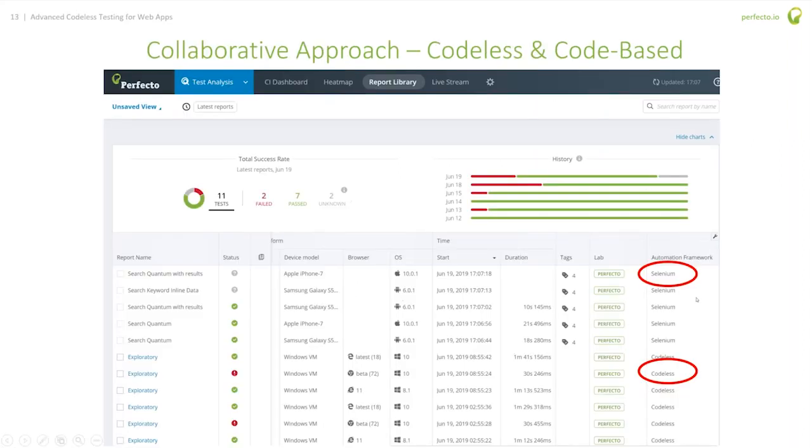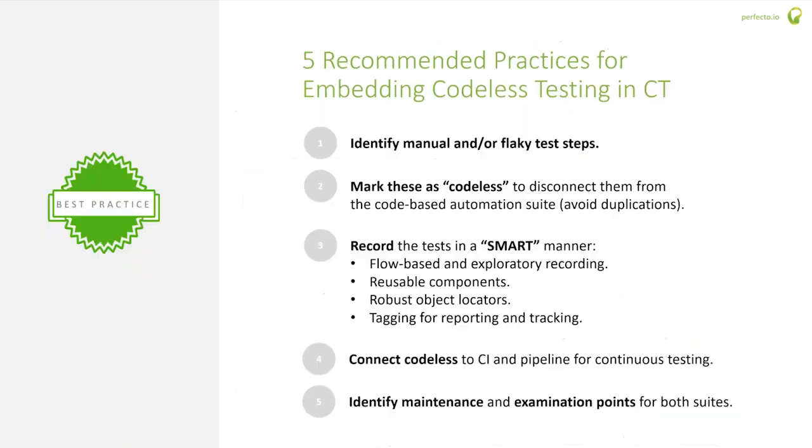You can here differentiate the tests that are coming from code from Selenium and the ones that are running through codeless in one single view, and you can see which is flaky, which is bringing you more value. It's very important in my mind to know that you are continuously improving and measuring yourself. Then you need to be smart in the way that you select which tests to automate, how you automate them, and how you reuse components to reduce the complexity and error points or failure points in the loop.